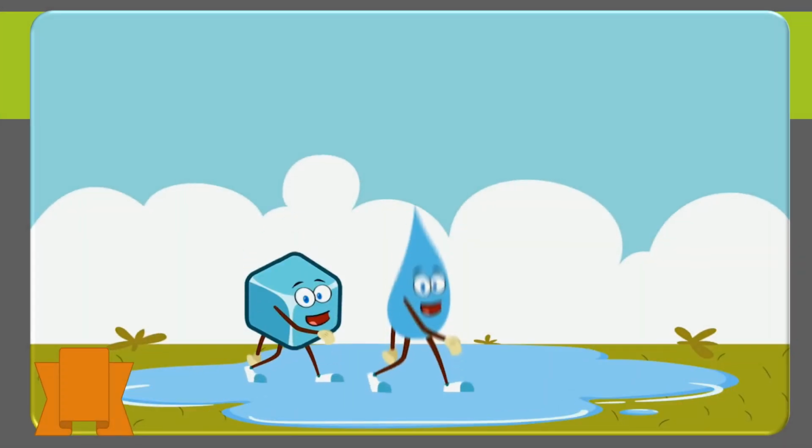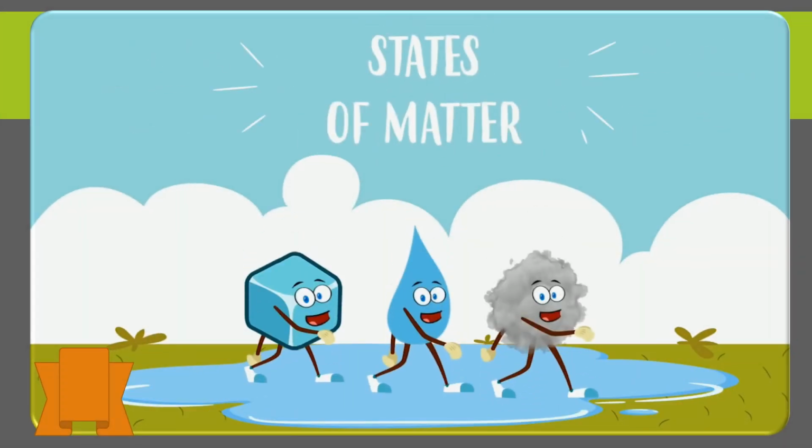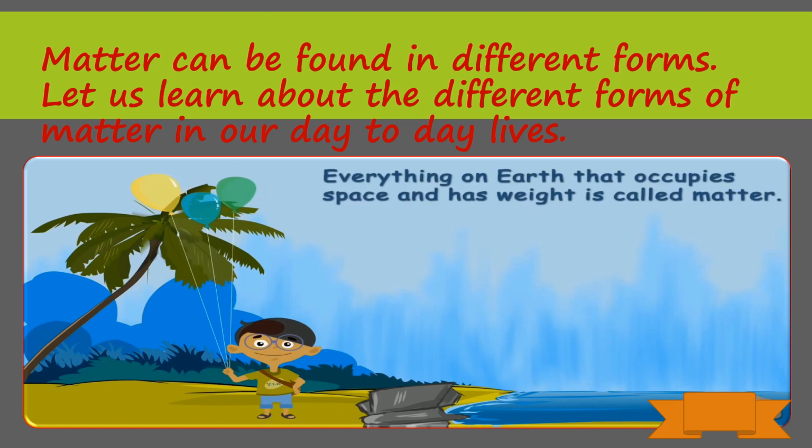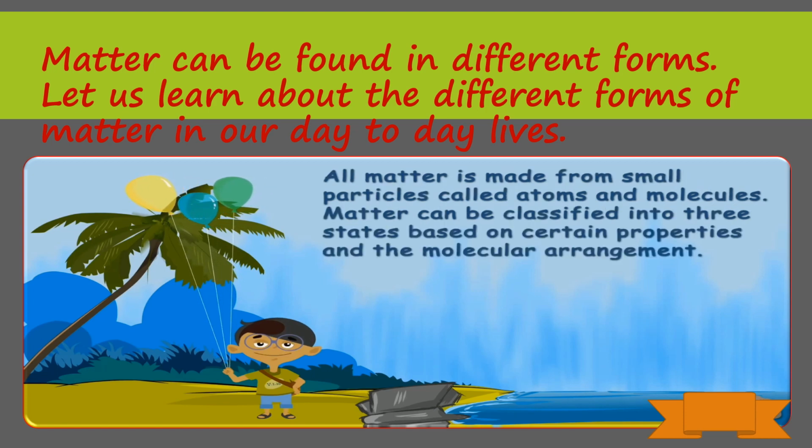Now we will discuss the states of matter that we come across in our day-to-day life. Matter can be found in different forms. Let us learn about the different forms of matter in our day-to-day lives. Everything on earth that occupies space and has weight is called matter.